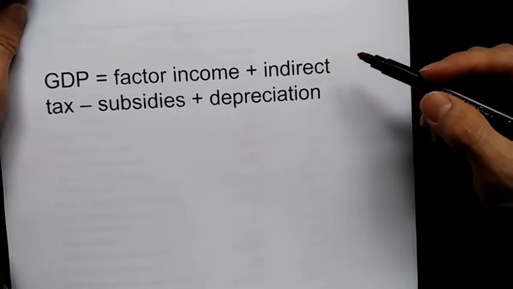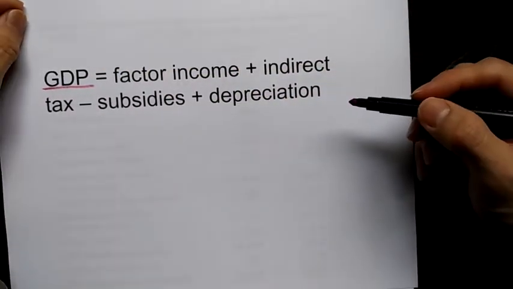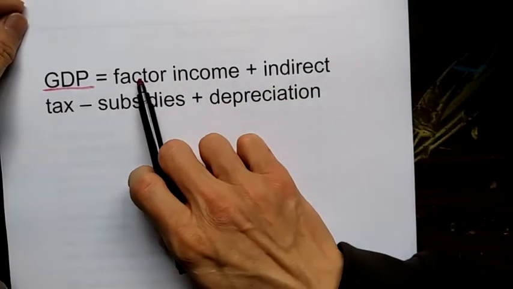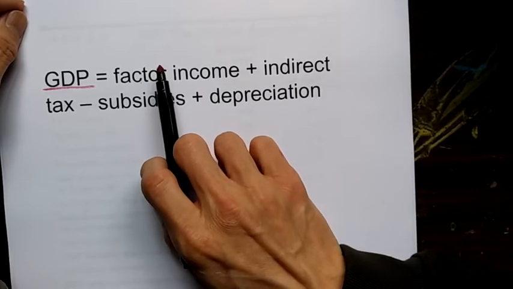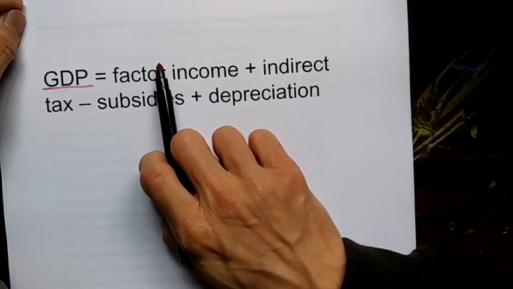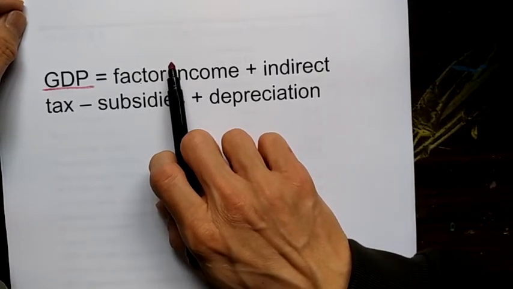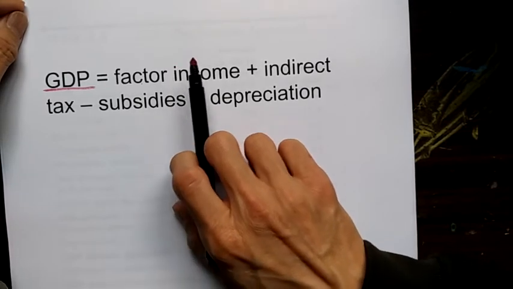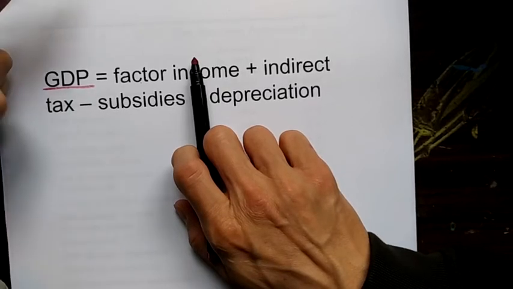Therefore, for the income approach, nominal GDP should be equal to labor's income, that is compensation for employees, plus capital's income, which is net interest, plus land's income, that is the rental income, plus the entrepreneurship's income, which has two parts.